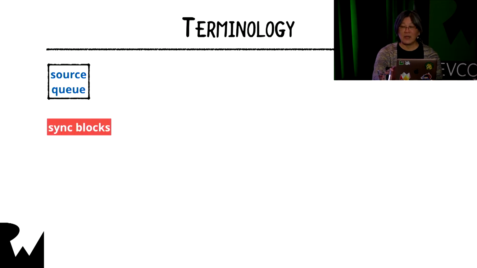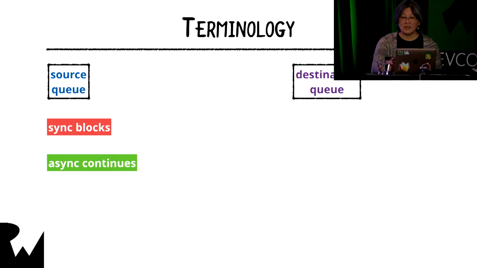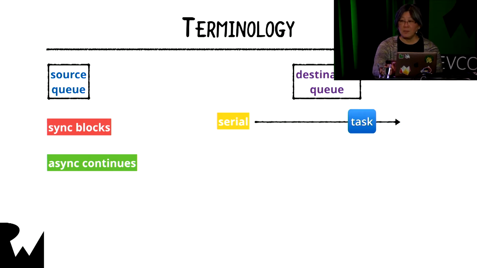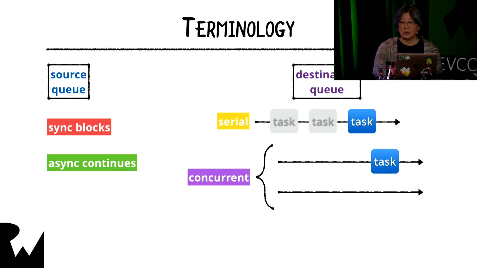A synchronous dispatch blocks the source queue until the task finishes, and asynchronous dispatch lets the source queue continue immediately. Serial versus concurrent is about the destination queue. A serial queue runs one task at a time, and any other tasks have to wait, whereas a concurrent queue can run more than one task at a time.